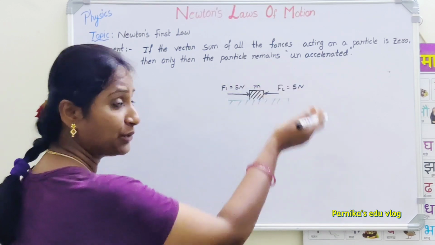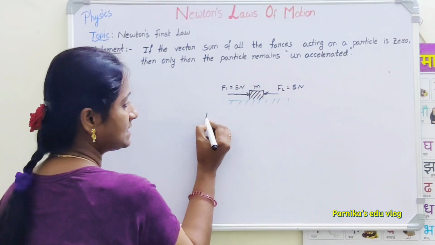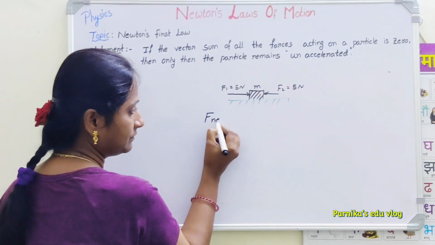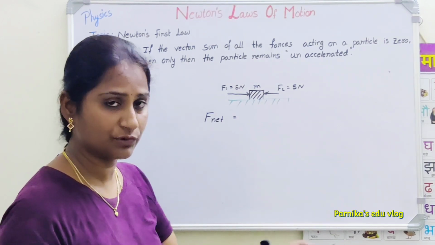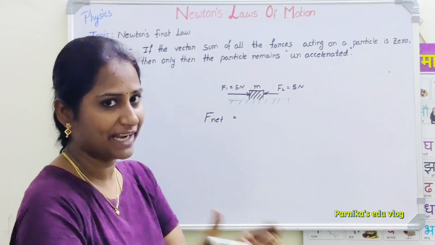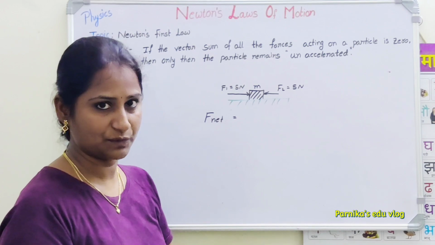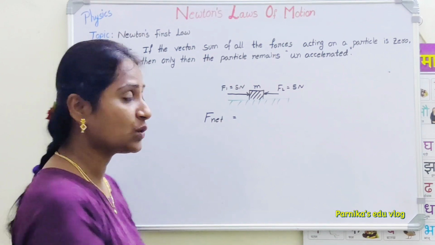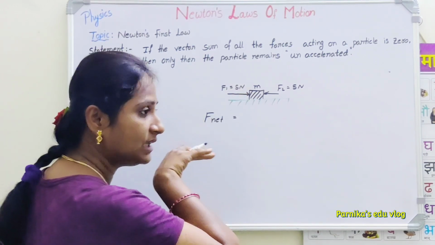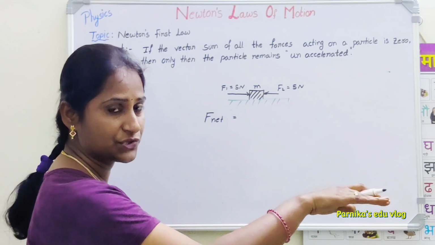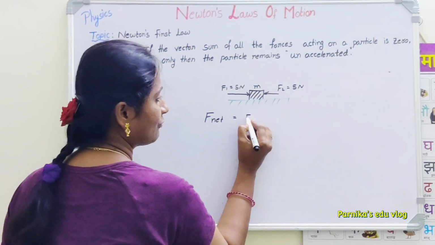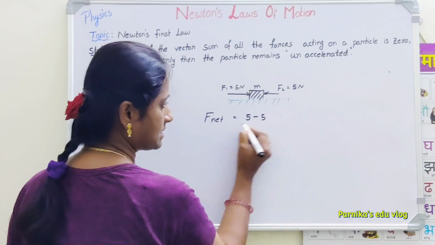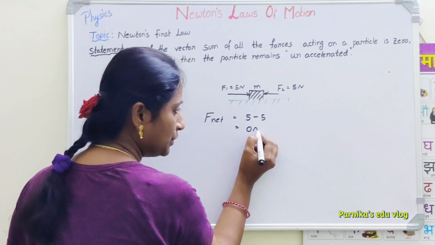We have to add them. Net force means after adding all the forces acting on a particle, what is the final force? I take one direction as positive and the opposite direction as negative. Now 5 minus 5 Newtons is equal to 0 Newton.